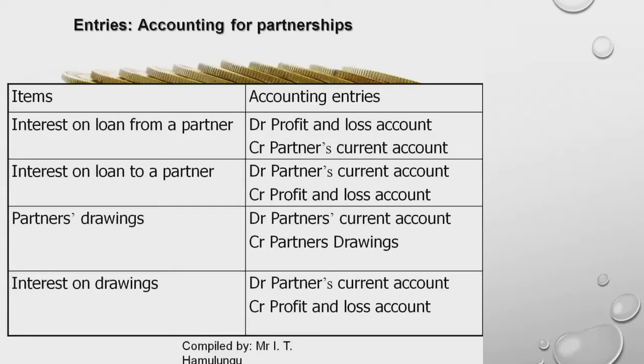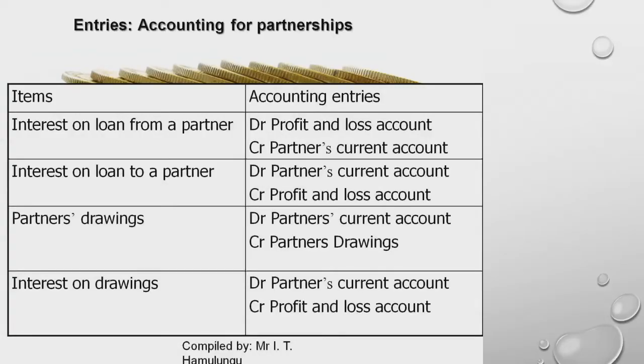To a partner. But from a partner is when, number one, interest on loan from a partner. This is when the business is borrowing from partners. And then when the business borrows from partners, the partner's current account is credited and profit and loss is debited.